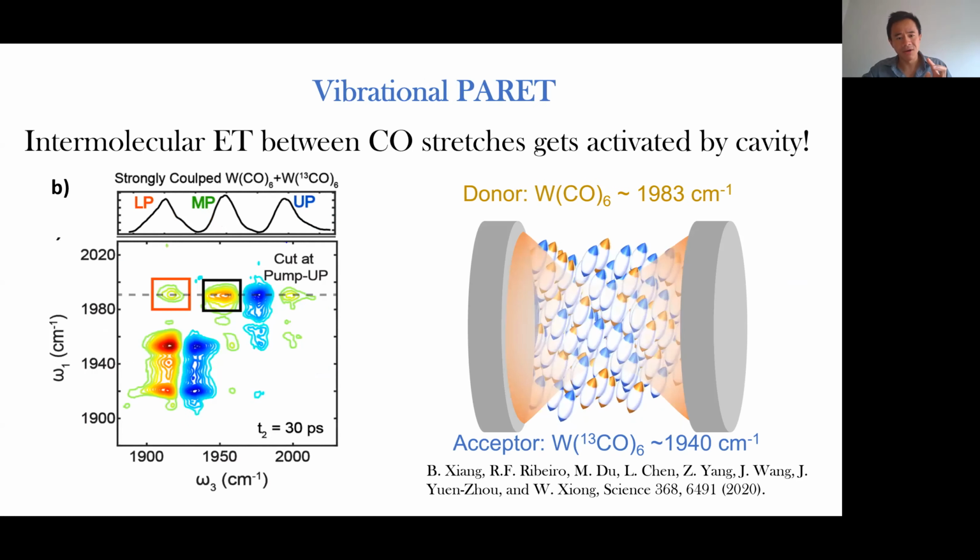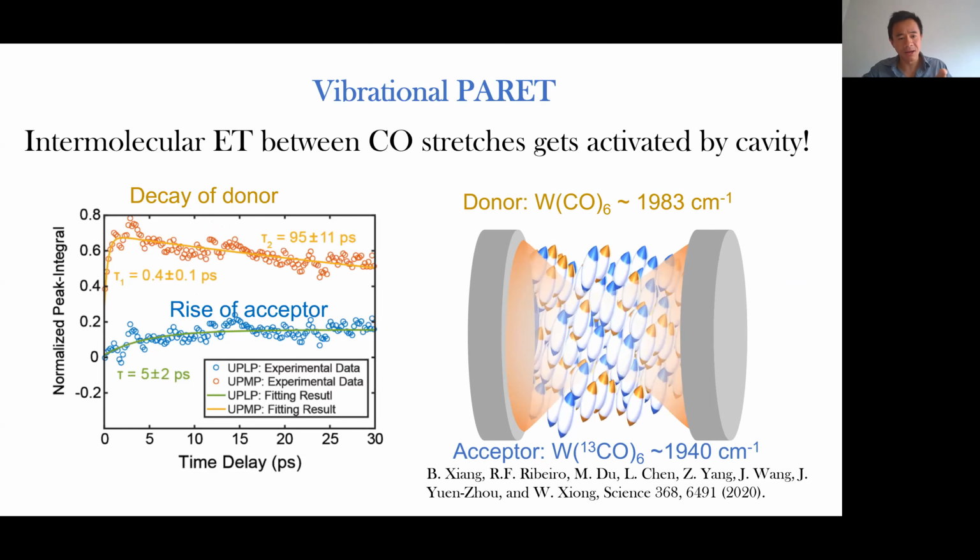In 2D spectroscopy, he saw that within 10 picoseconds there was transfer of energy between one isotopomer and the other. That never happens outside of the cavity, because the dipole-dipole interactions in that regime are very weak, and they are screened by solvent. So this demonstrates that the cavity really affects the chemical dynamics of these systems, and this is beyond the statistical decay.